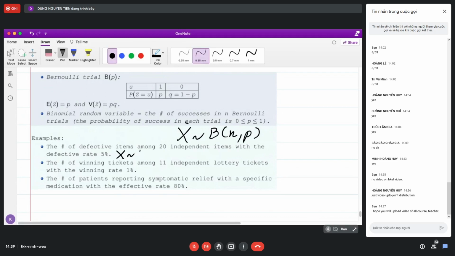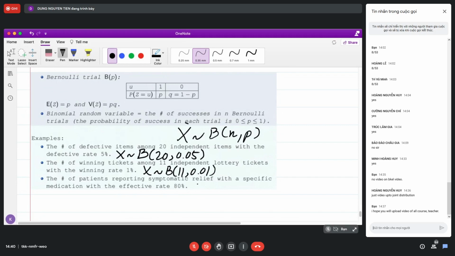B stands for binomial. 20 items with the defective rate 5%, so you get 0.05. If in the second example x is the number of winning tickets, then x follows a binomial distribution with n equal to 11 because there are 11 lottery tickets. They are independent, and the winning rate is 1%.